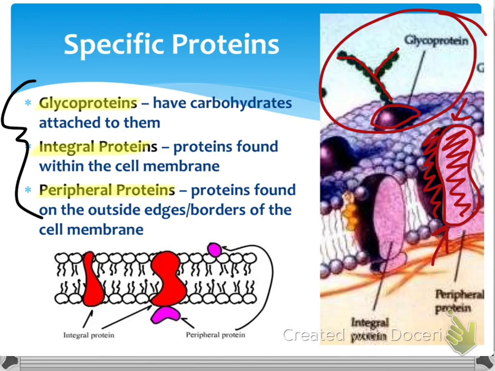So your peripheral vision is out of the corner of your eye, how well you can see. So peripheral proteins are going to be on the edges. So this one's a peripheral, this one is, and we'll see another picture later with some other ones of it. Also, if you look down here at this drawing, the pinkish ones are your peripherals, and integrals are your ones all the way through here.